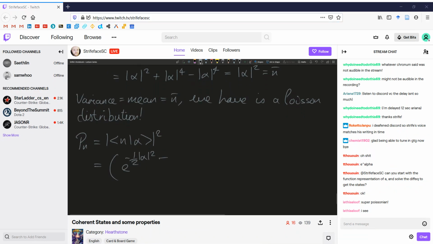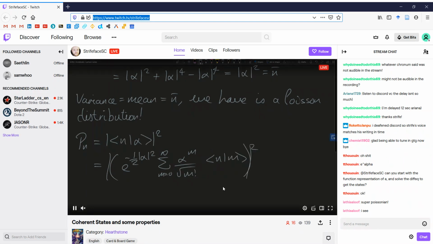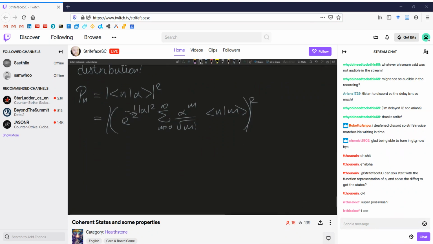Since we're projecting only the nth state, the summation disappears. So e to the minus a half alpha squared, squared, is e to the minus alpha squared, times alpha to the 2n over n factorial.